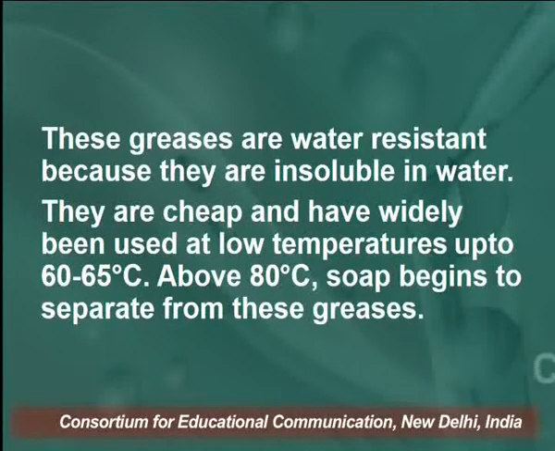These greases are water resistant because they are insoluble in water. They are cheap and have widely been used at low temperatures up to 60 to 65 degrees centigrade, but above 80 degrees centigrade, soap begins to separate from these greases.